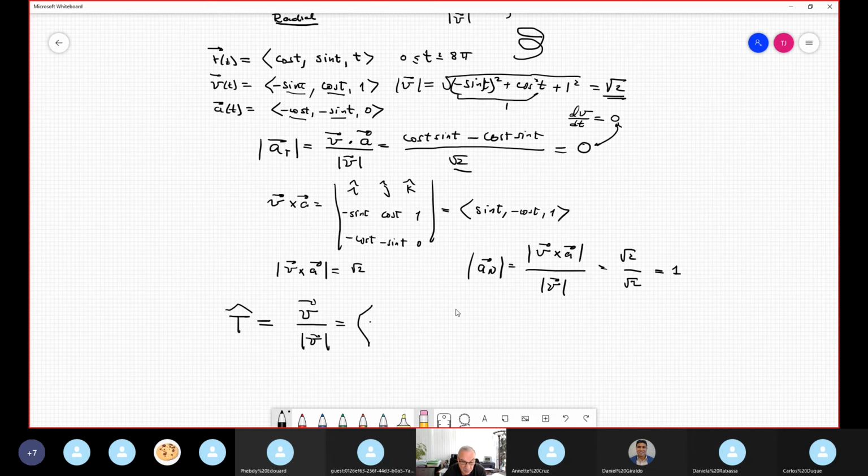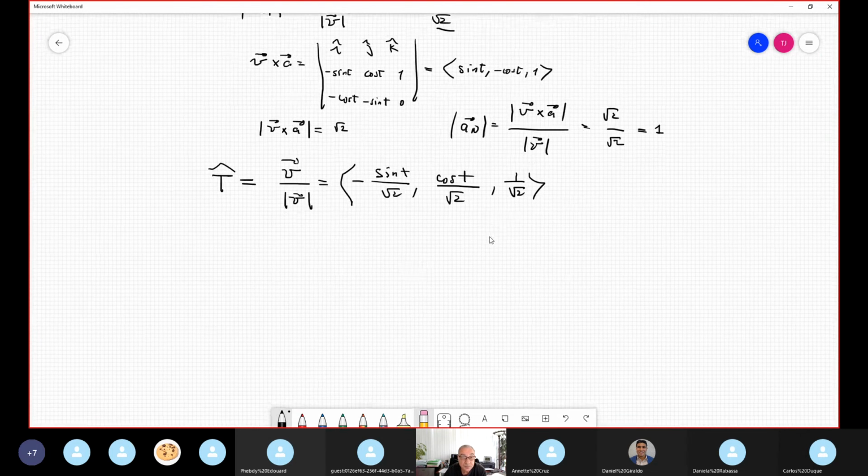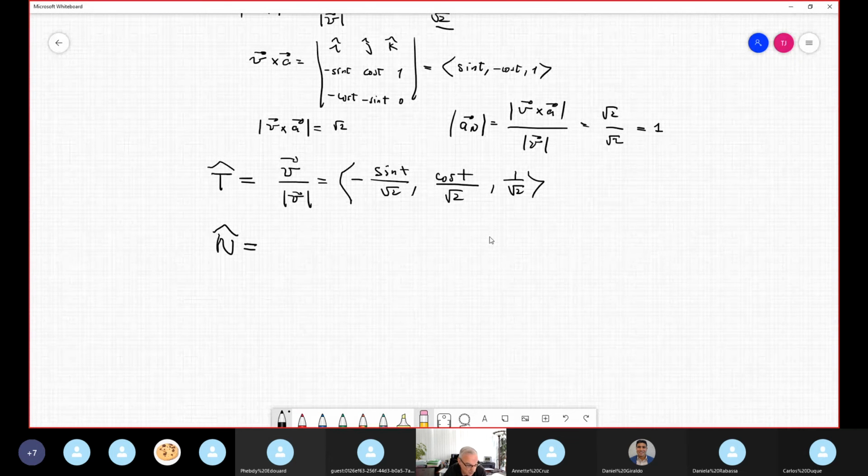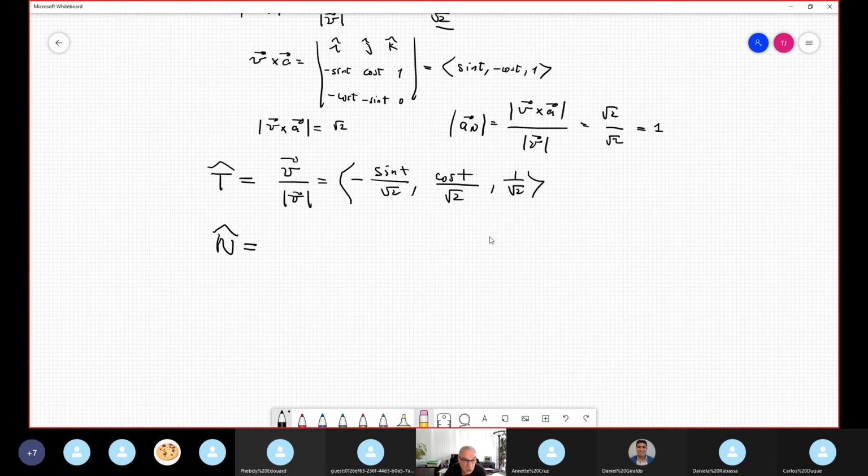So it is minus sine t over radical 2, comma, cosine t over radical 2, comma, 1 over radical 2. This is the tangent vector. And the normal vector, there are many ways. In this case, in my paper, I prefer calculus. You divide the derivative of the unit tangent vector by its magnitude.